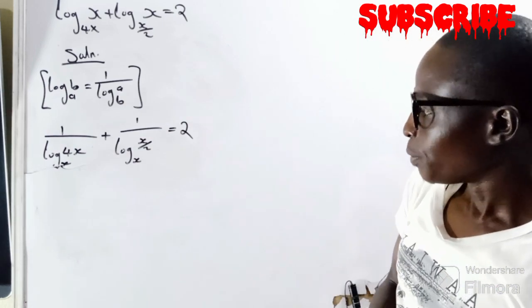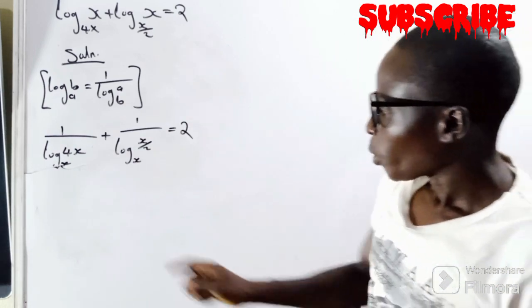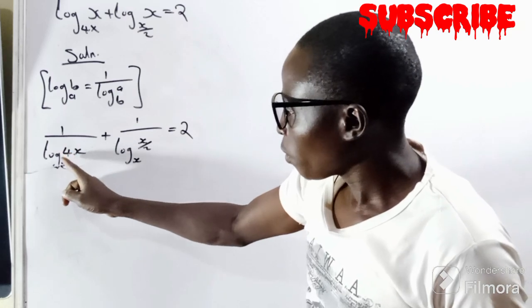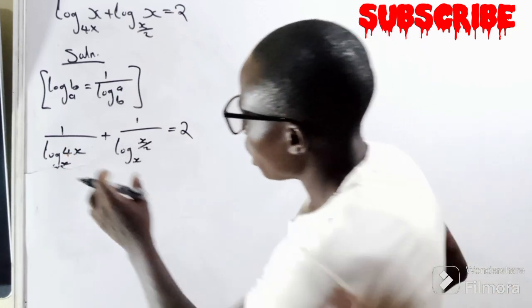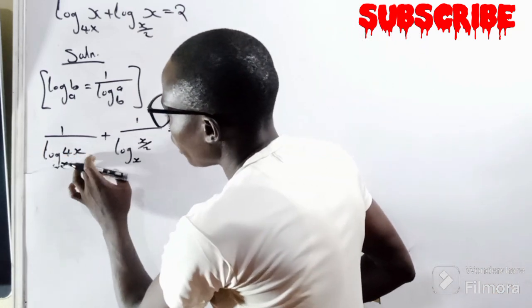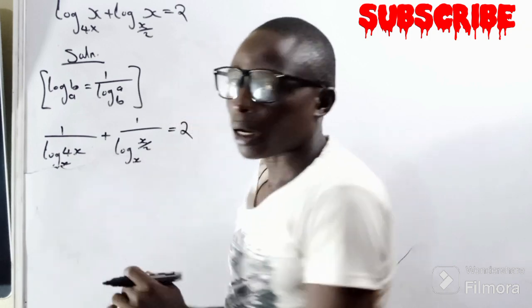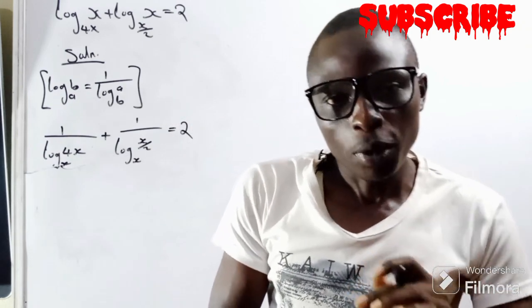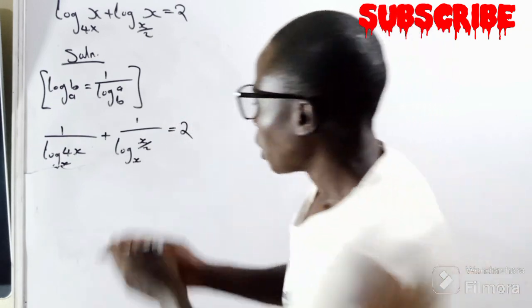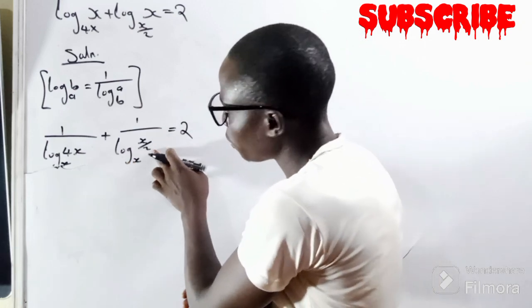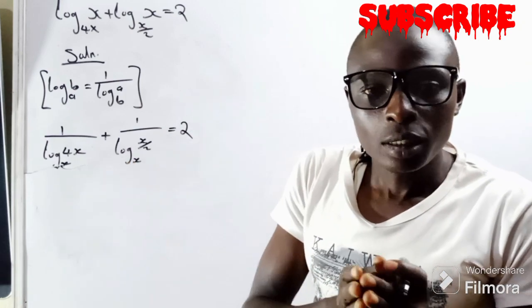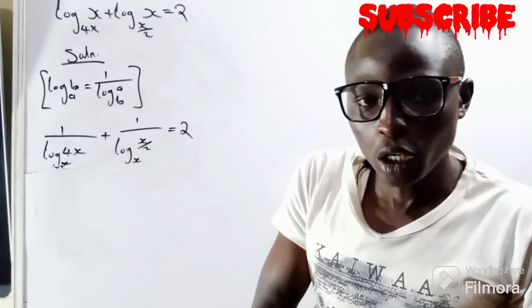Then this log 4x can be simplified using the product rule, and this log x divided by 2 can be simplified using the quotient rule.